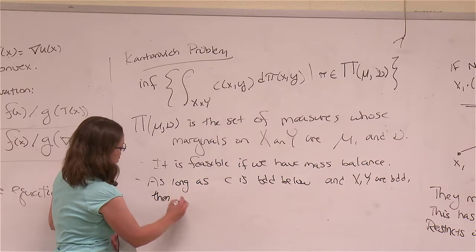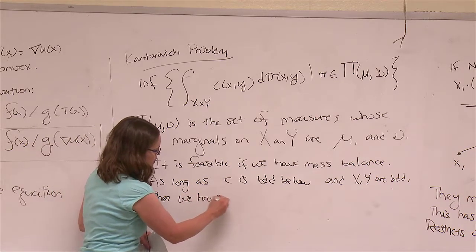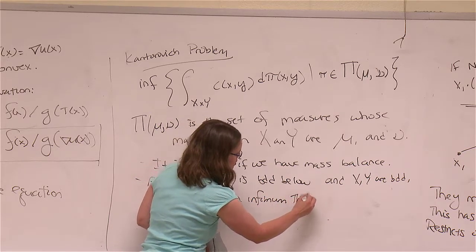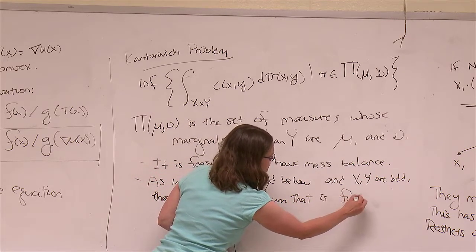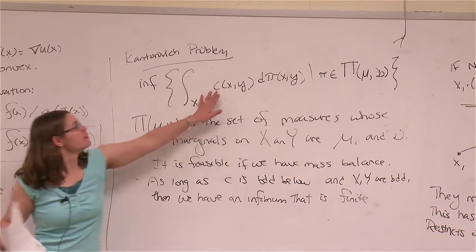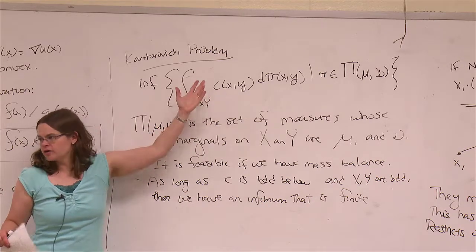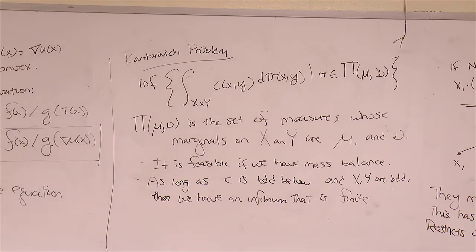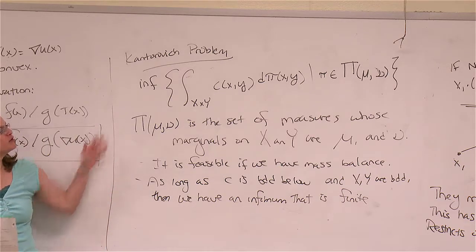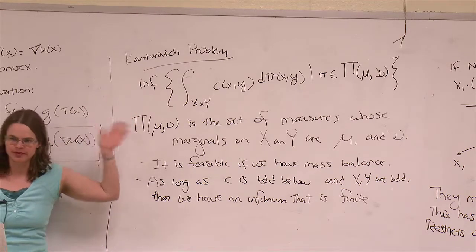Then we have an infimum that is finite. In a lot of our examples, although not all of them, C is going to be a non-negative cost. Although it doesn't have to be the case, and in some examples it's not. Okay, so this at least is a problem with a solution, which is a good place to start.